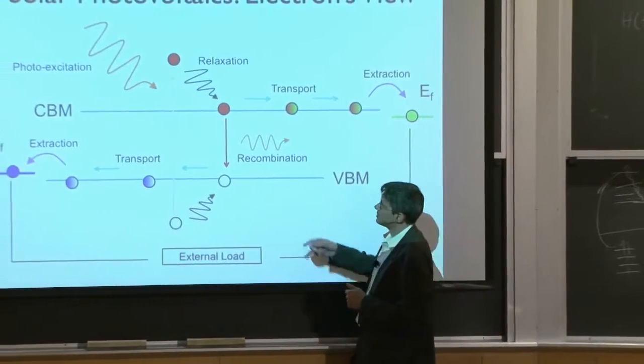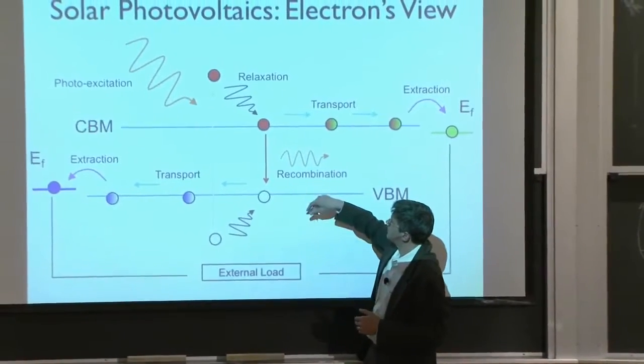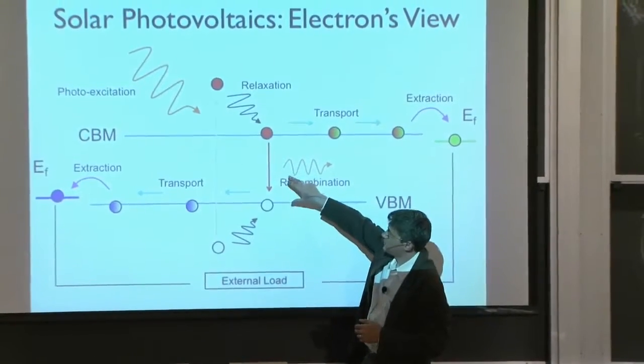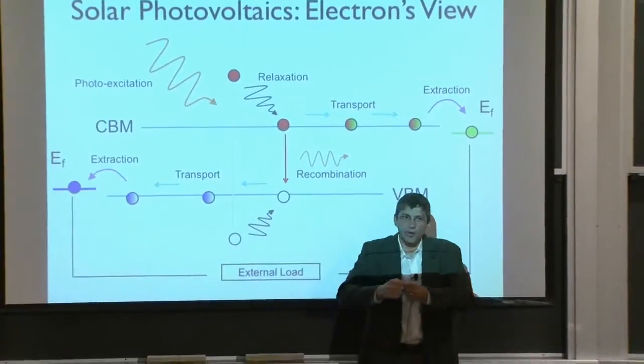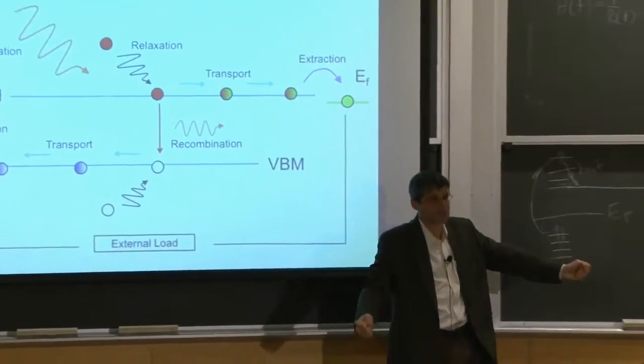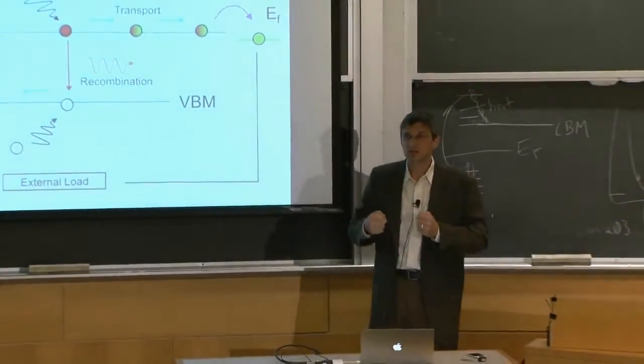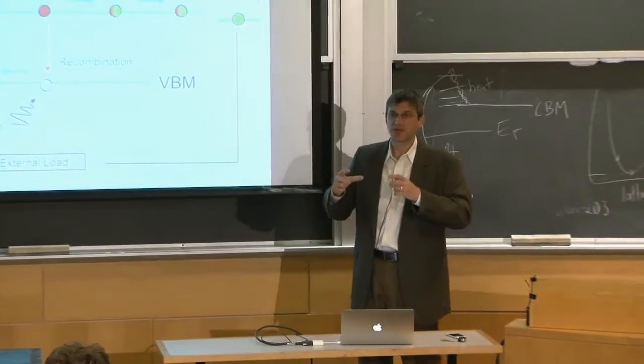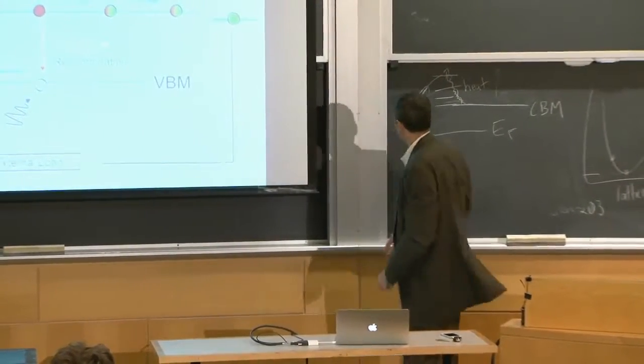And the last thing is that I'll just tell you, because I'm going to show it to you in a second, that when you need to pull electrons and holes apart from each other, because they're really strongly bound, you need two different materials with a very particular way of lining their energy levels up.